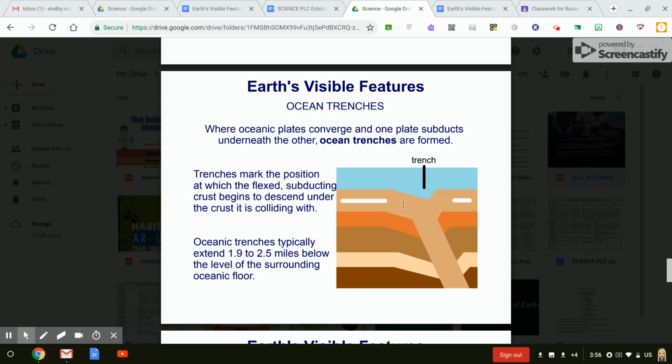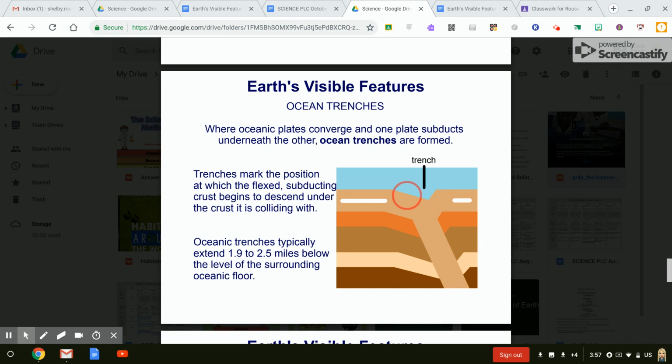And I know that's a lot to take in and that sounds really confusing, but just kind of look and see what's happening here in this picture. The ocean trenches typically extend 1.9 to 2.5 miles below the level of the surrounding ocean floor. So a trench is exactly what you see here in this picture.